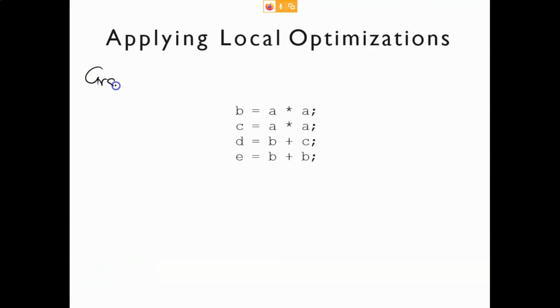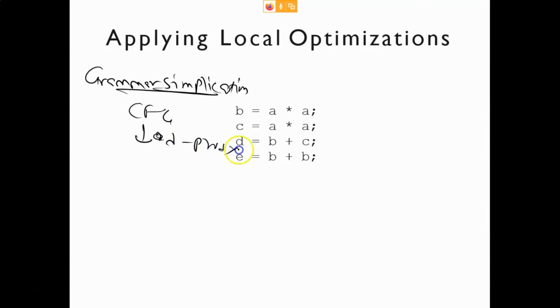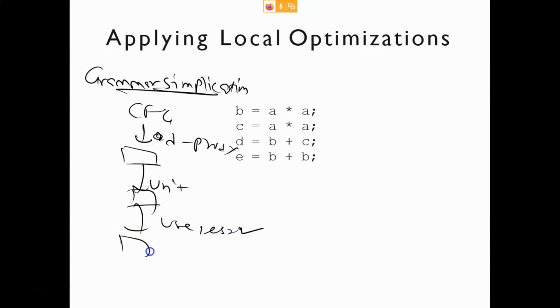When you do grammar simplification in compiler design or in TOC, you have a CFG. First you remove the null productions, then you remove the unit productions, then you remove the useless symbols and useless productions, and finally you get the simplified grammar.